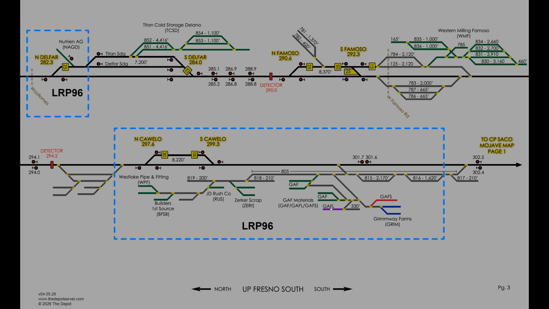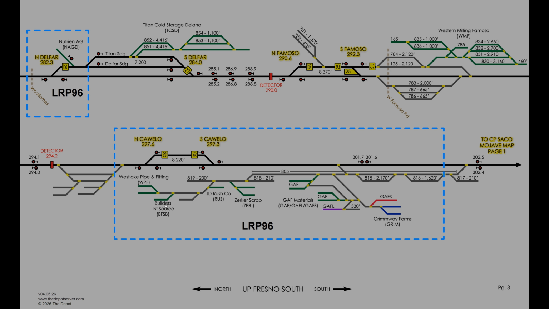So this is a great one for this video because this is very complicated. Since we're coming in this way, and then I'm going to run around them, I want these to be on the tail end of the train, and I want them to be in the opposite order because then I'm going to run around it. So Westlake Pipe and Fitting will be more towards the inside of the train.